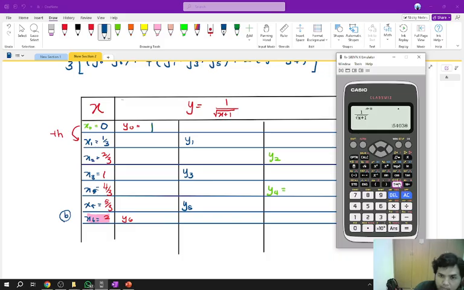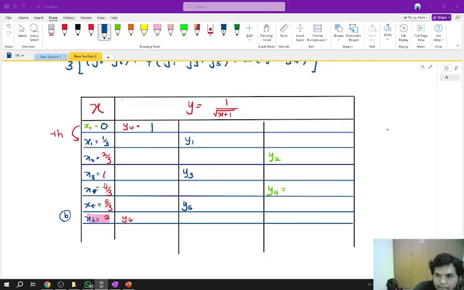We get the answer 0.86603. Okay, remember, always use more than 4 decimal points, no less than 4. Always more than 4.